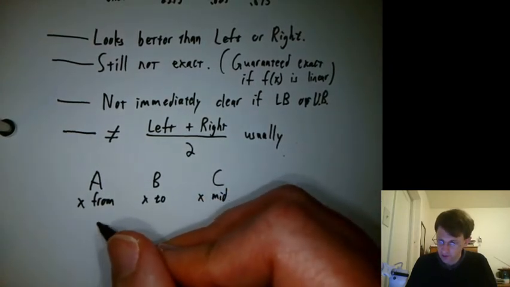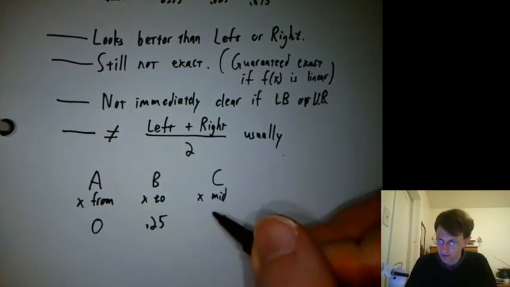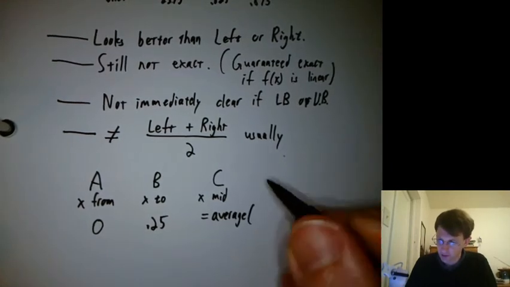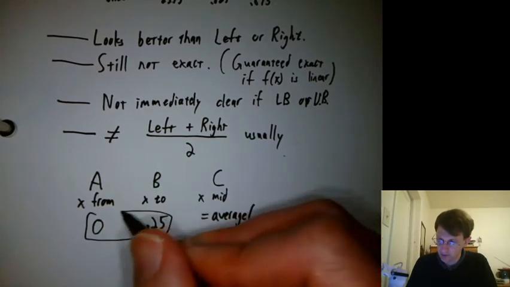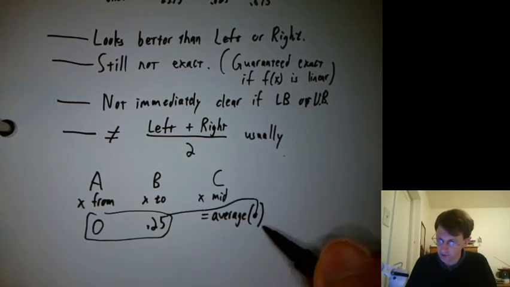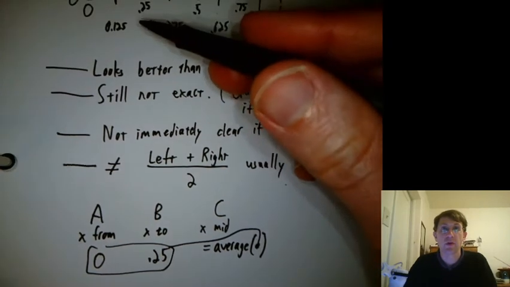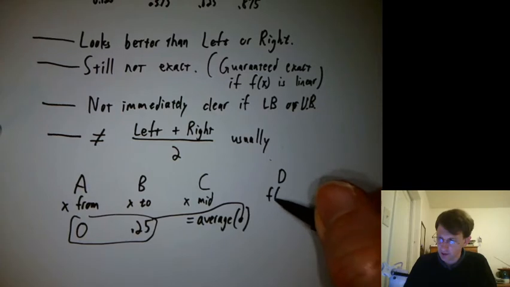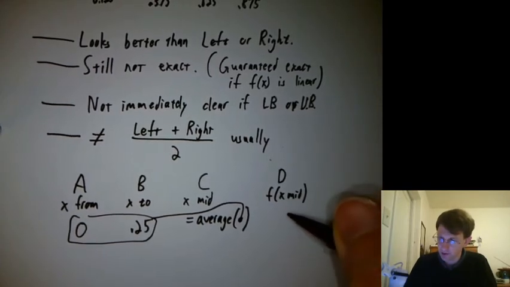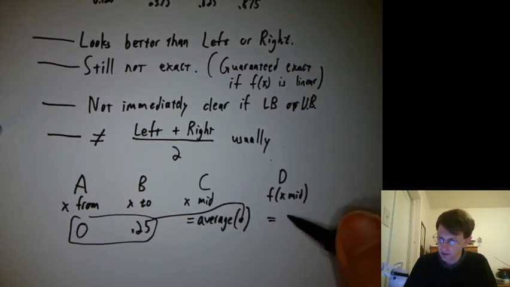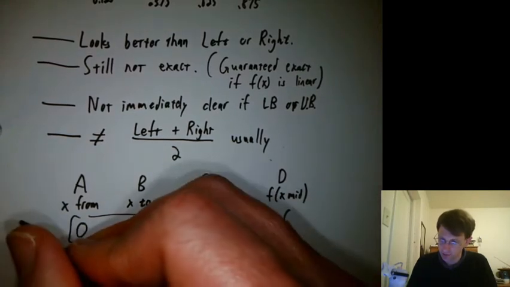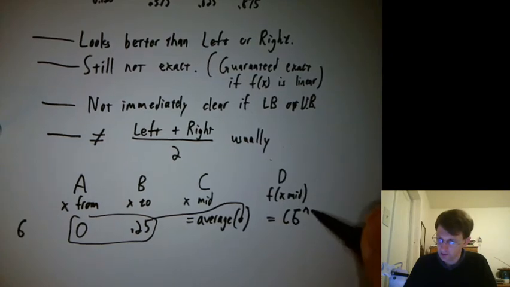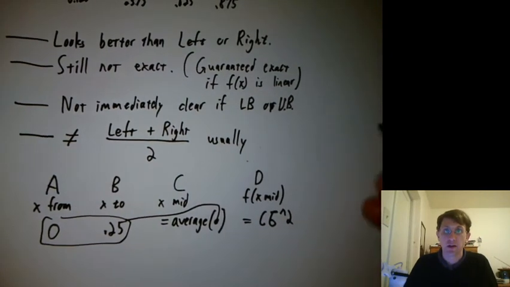So we'd say like from 0 to 0.25, and here I could say equals average of those two values. And that would give us the 0.125 in that first case. And then column D, we could say f of x midpoint. So that would be what? If this was row 6, that would be C6 squared as before.